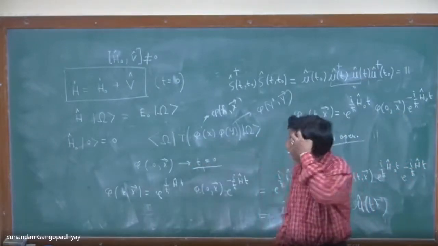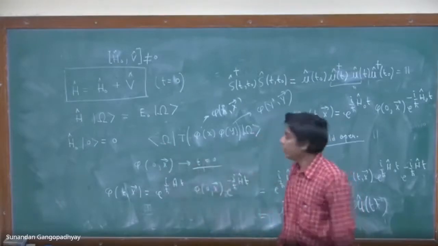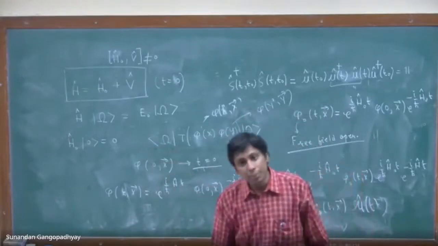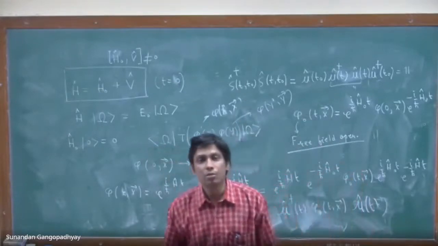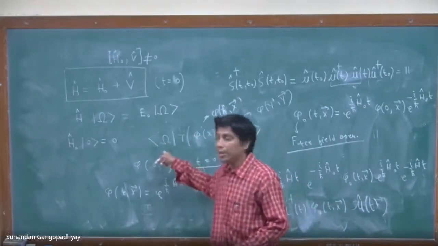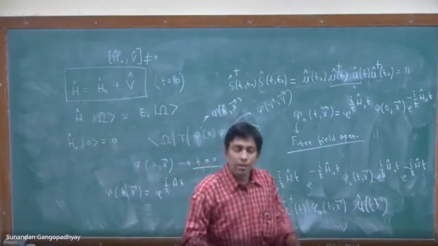But now what we need to know in order to calculate this full thing is what this omega is, which is a time independent state, because it is at time t is equal to 0, and this is the state of minimum energy of this full interacting theory, and therefore it is very difficult to calculate.